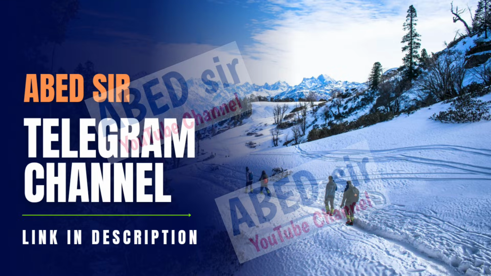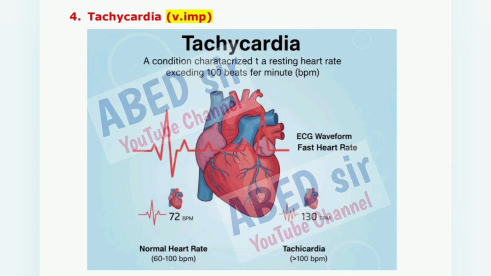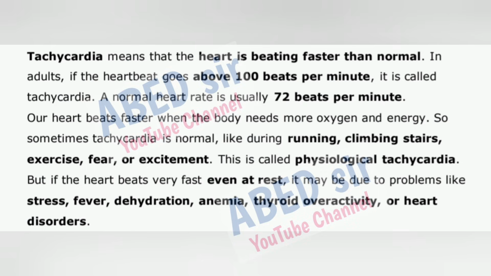Next important short question is 4. Tachycardia. Tachycardia means that the heart is beating faster than normal. In adults, if the heartbeat goes above 100 beats per minute, it is called tachycardia. A normal heart rate is usually 72 beats per minute. Our heart beats faster when the body needs more oxygen and energy.